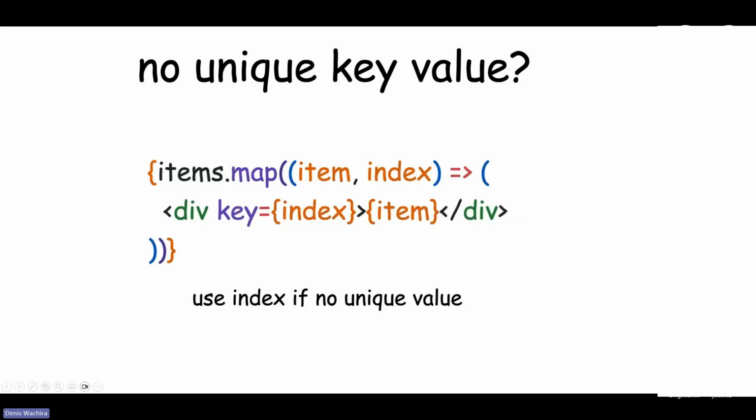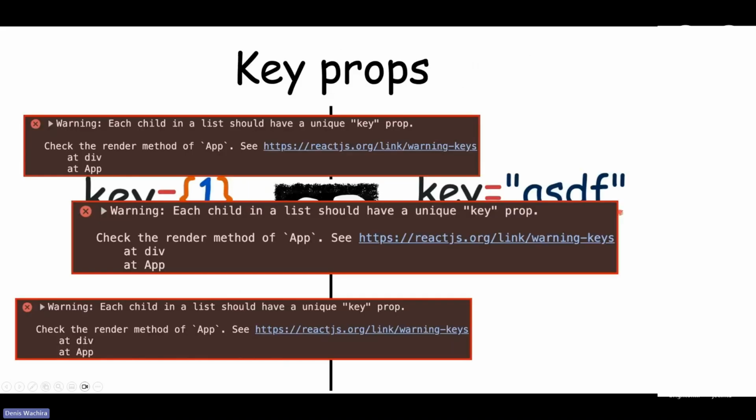To avoid the issue I was describing in the browser console, you'll be having this issue: each child in a list should have a unique key. So make sure you document this error so you can fix it whenever you see it, and it mostly occurs when rendering or mapping components in React.